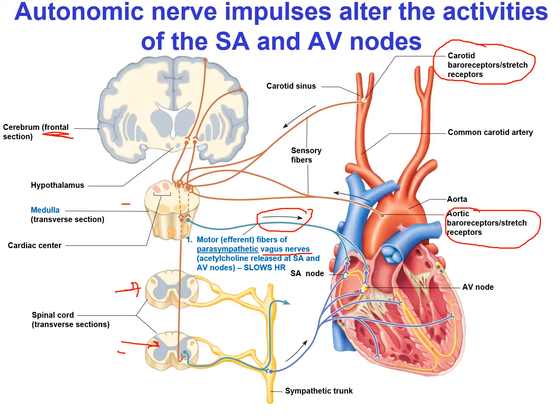And the way they do that is when impulses arise here in the brainstem and are carried to the heart, so these are motor or efferent fibers, they will release at their terminal ends here a neurotransmitter you have all heard of before. It's called ACh, acetylcholine. Where have we heard about that?